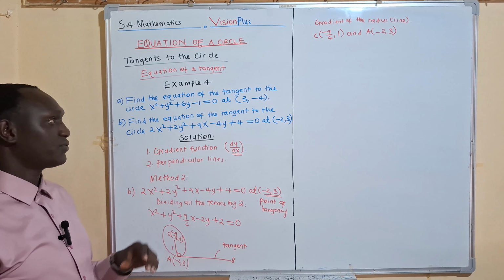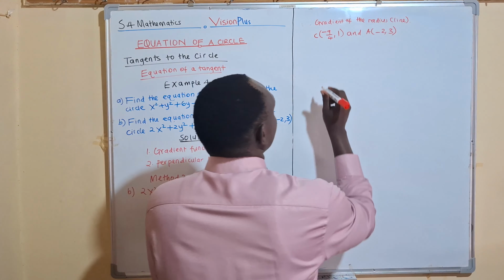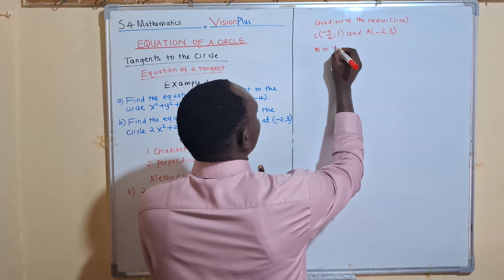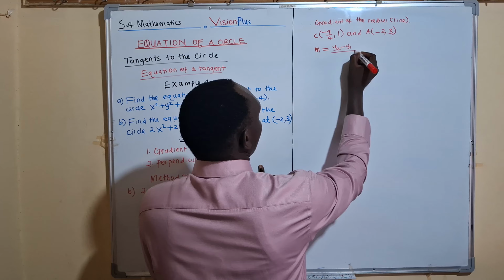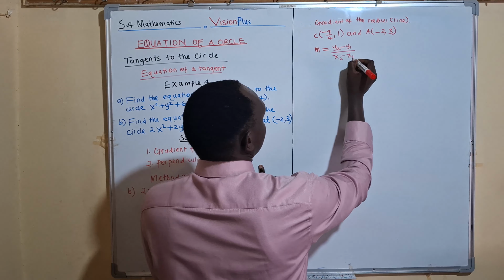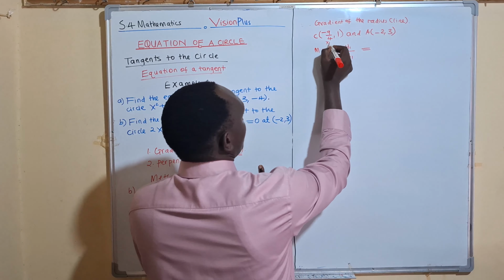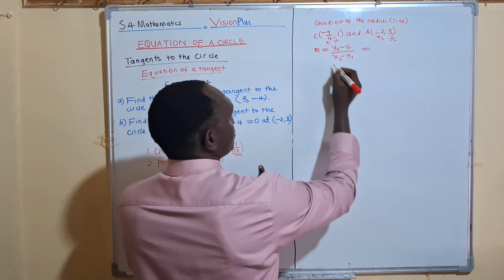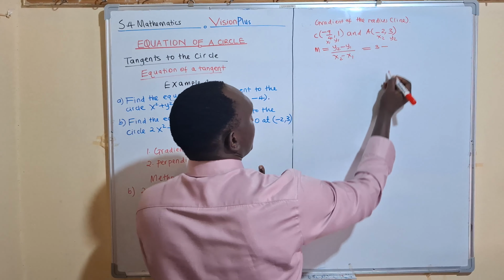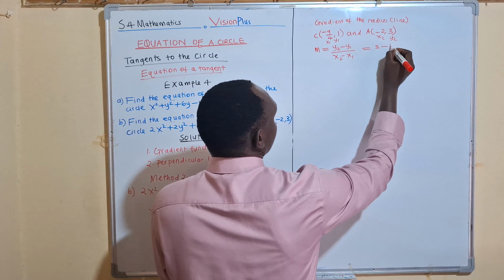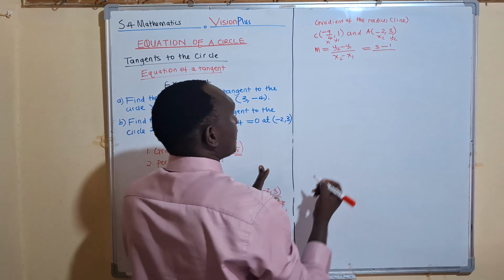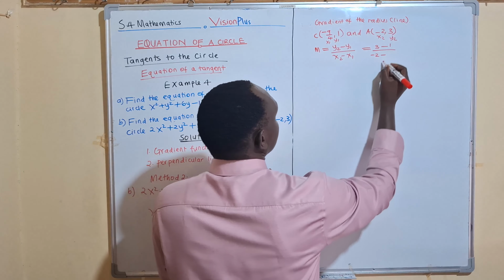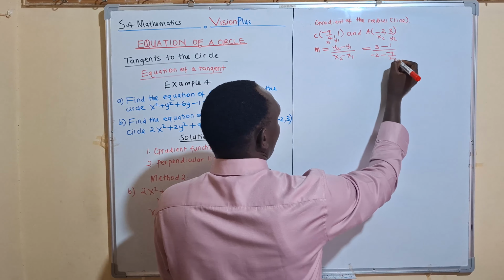So let us get the gradient of the radius, which we call m, given by change in y over change in x. Then you name the points x1, y1, x2, y2. Substitute: y2 is 3 minus y1 is 1, out of x2 is -2 minus x1 is -9 out of 4.